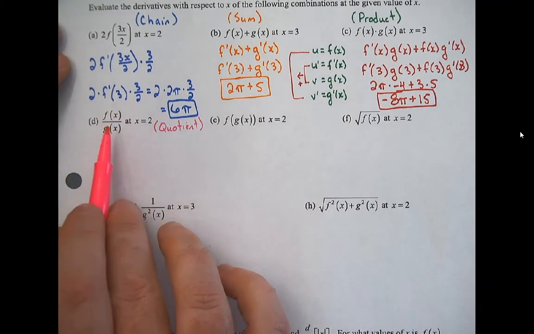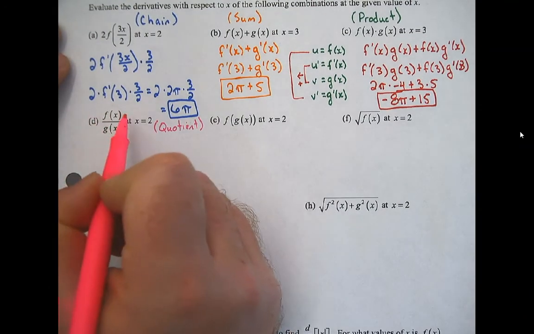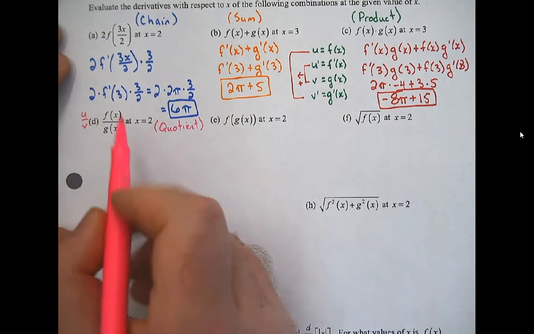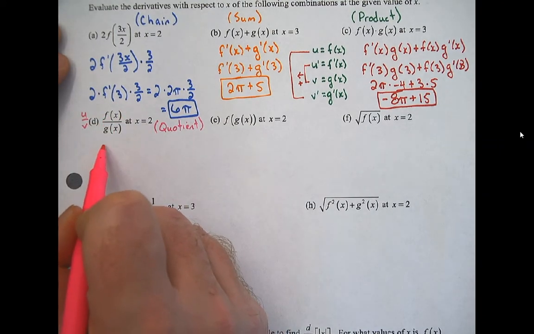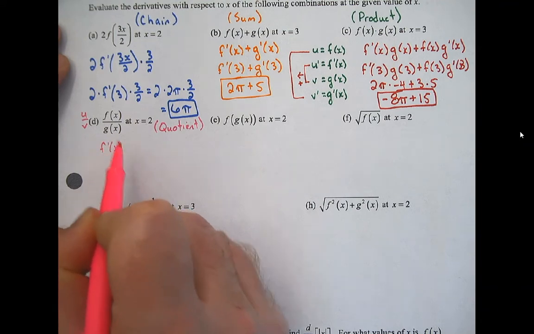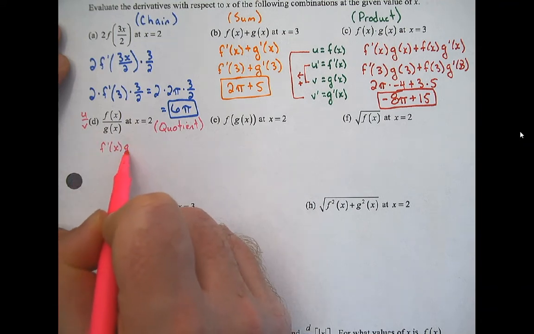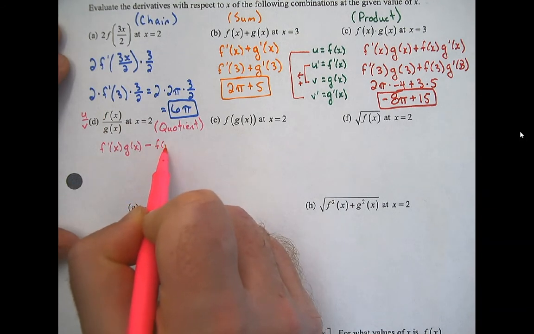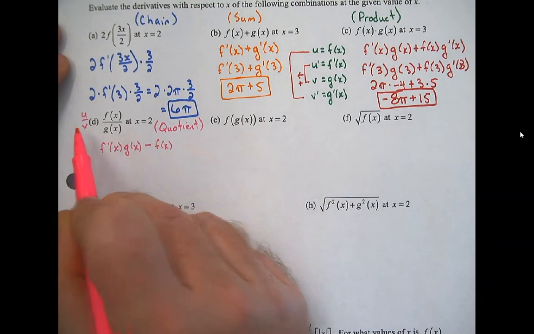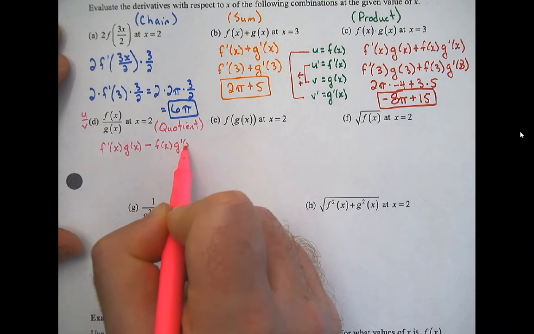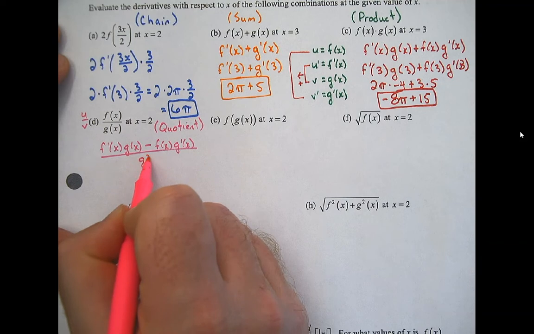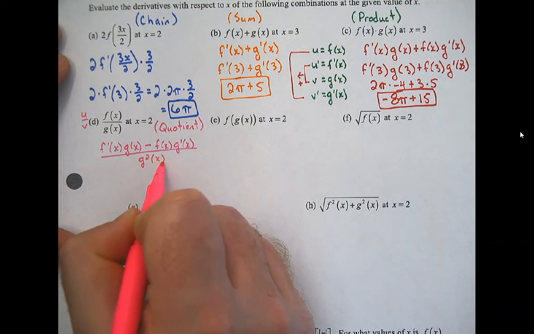This is my U, this is my V. This is U over V. So U prime V would be f prime times V, which would be g, minus U, which is f of x, times V prime, which is g prime of x, over V squared, which for us is g squared of x.